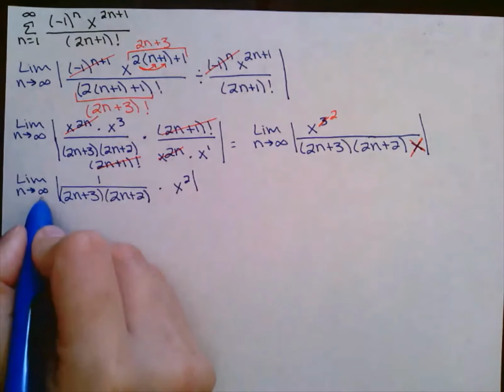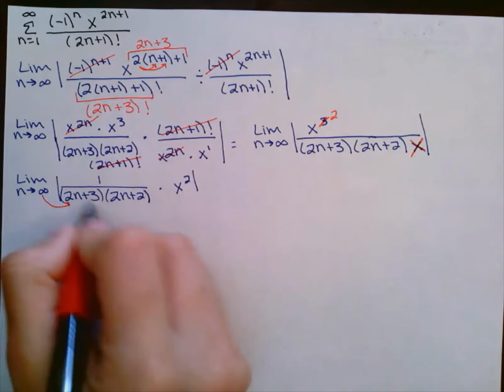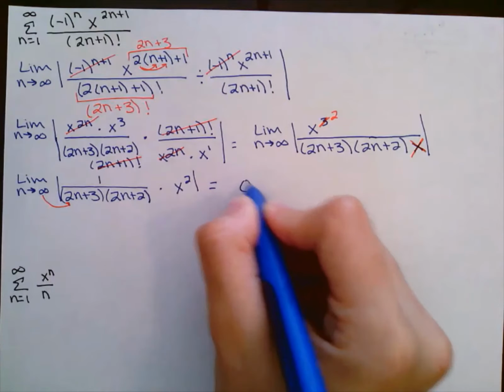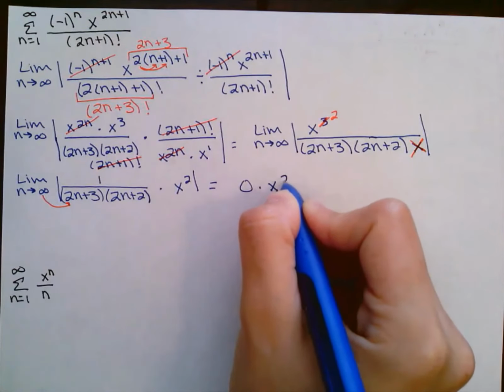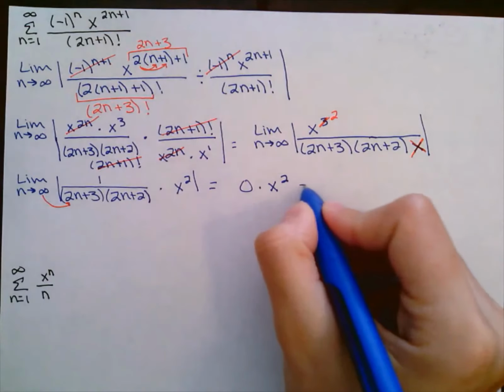So again, this infinity goes into this portion only, which in here, it makes it bottom heavy, which is 0. So I can say 0 times x squared. So 0 times anything is just 0.